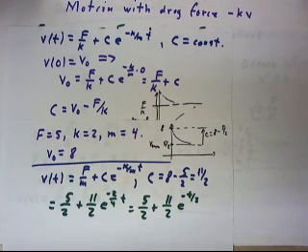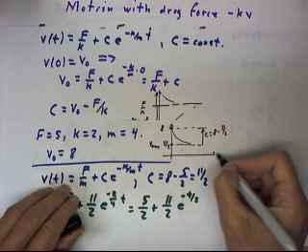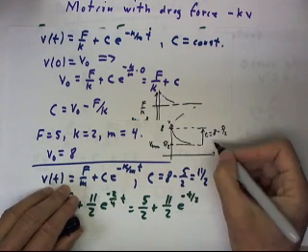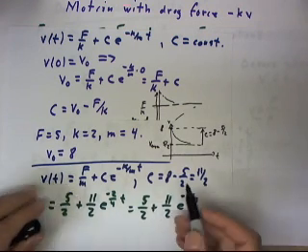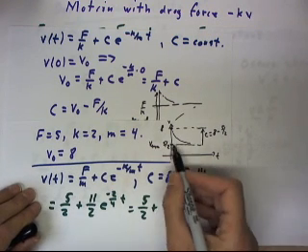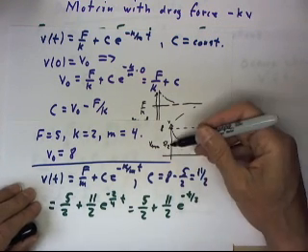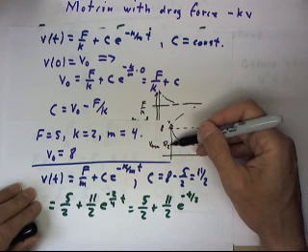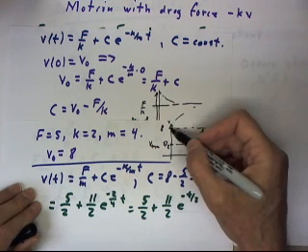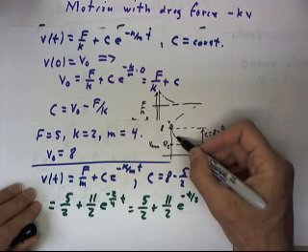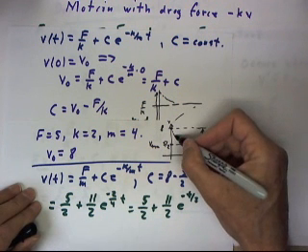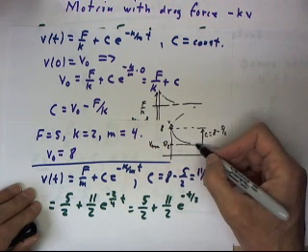Now the graph of V versus T, let's call this V and this T, we're going to again have terminal velocity 5 halves, but now we're starting at a velocity that's greater than 5 halves, so we're going to expect the velocity to decrease toward 5 halves.